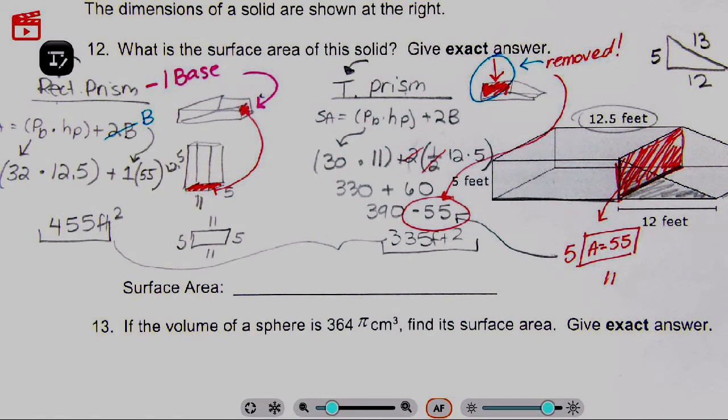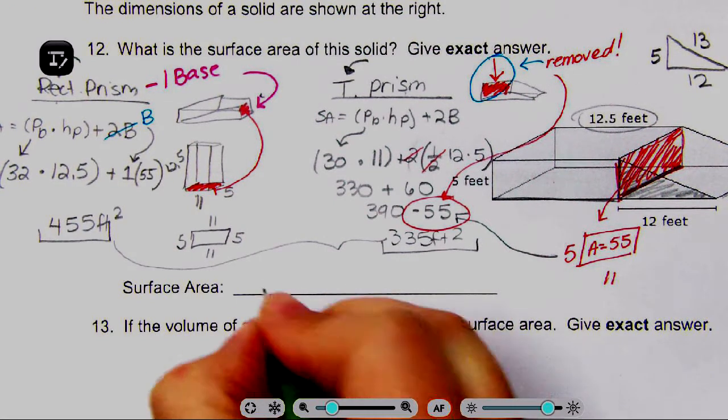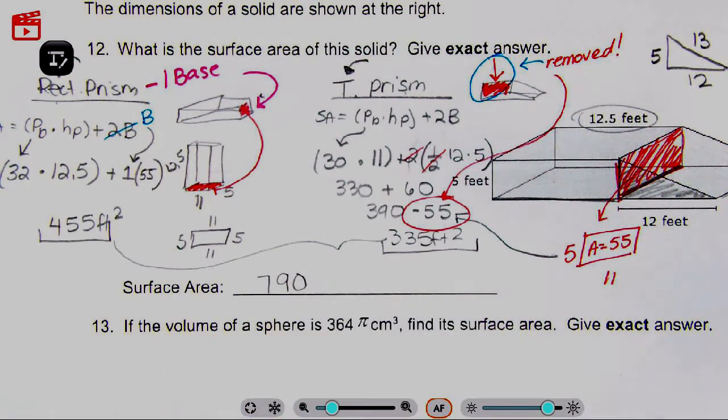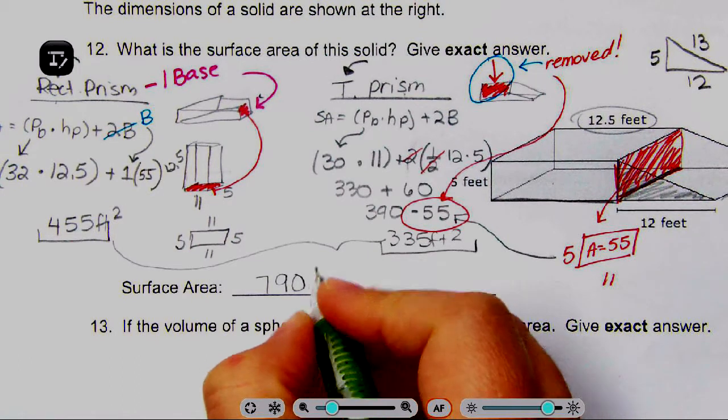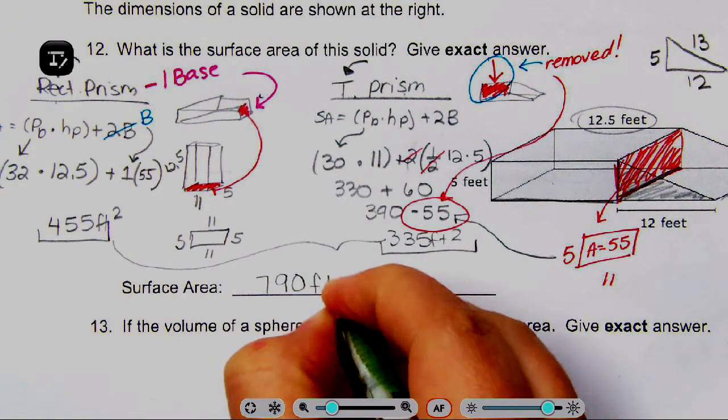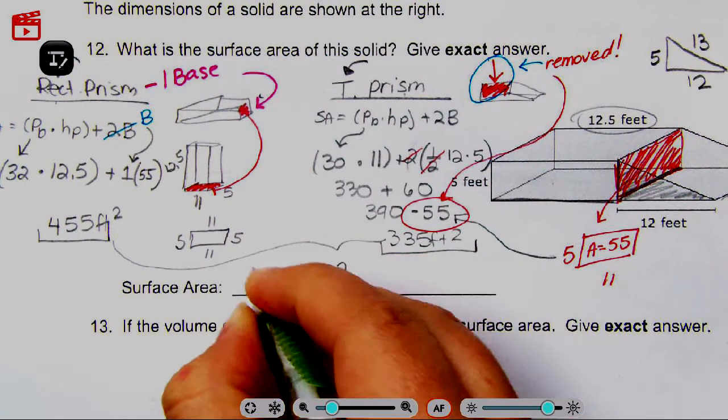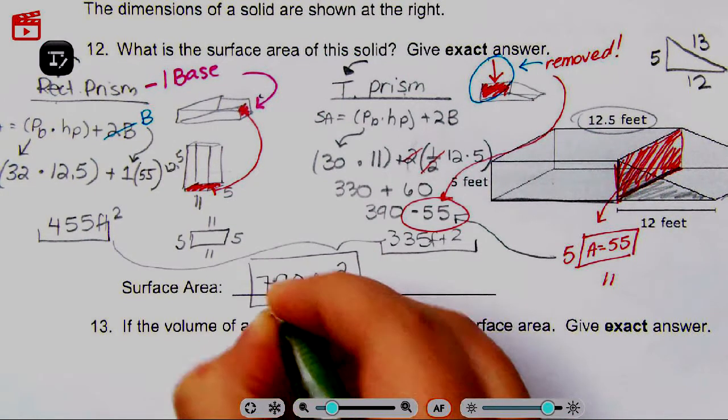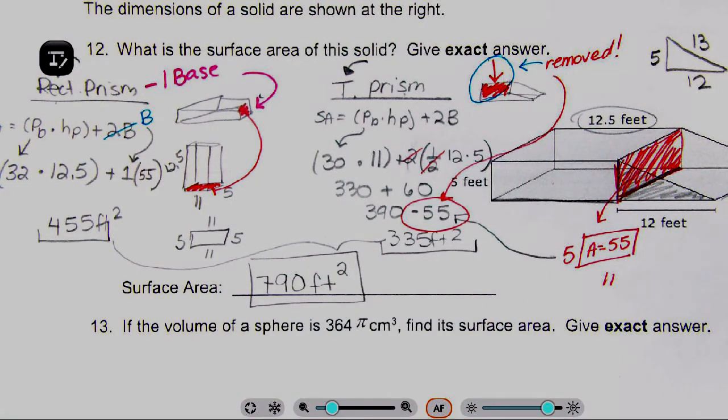So I have 455 plus 355, and that gives me 790 as my total surface area of the composite figure. What are my units? Feet. What am I solving for? Surface area. Surface area is always squared. This is more of a difficult problem, you guys, so make sure you rewatch this, make sure it makes sense what I'm saying for every step. If you have questions, please reach out.